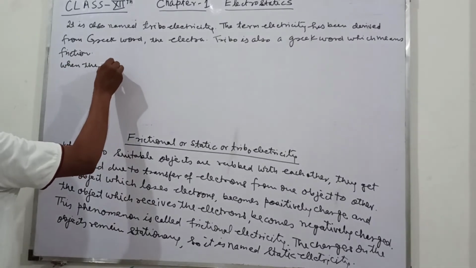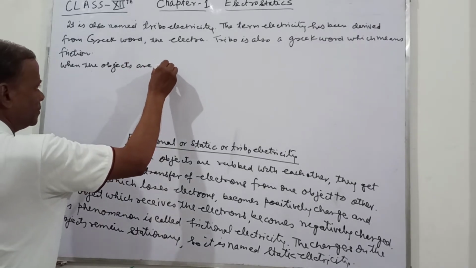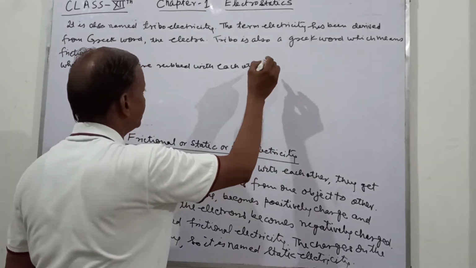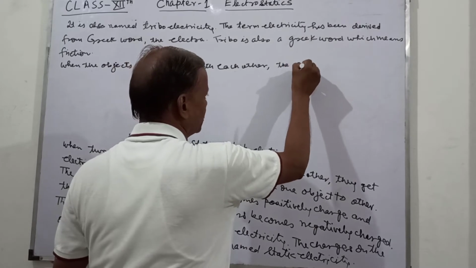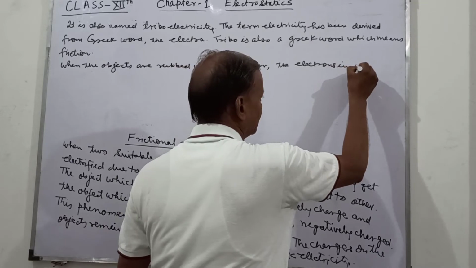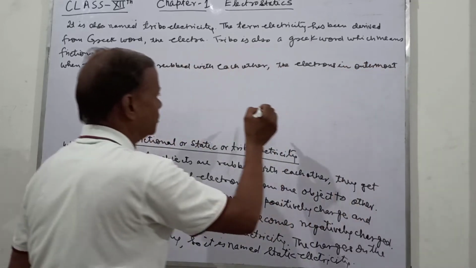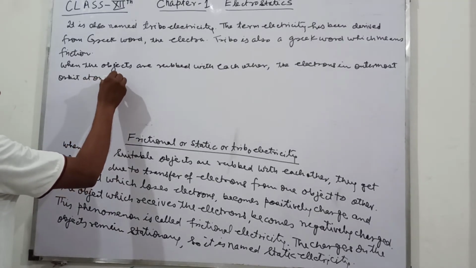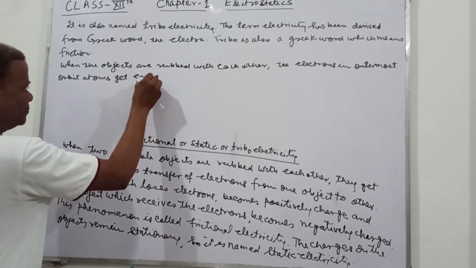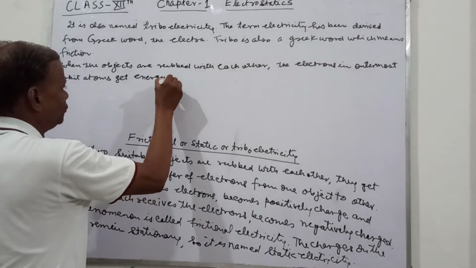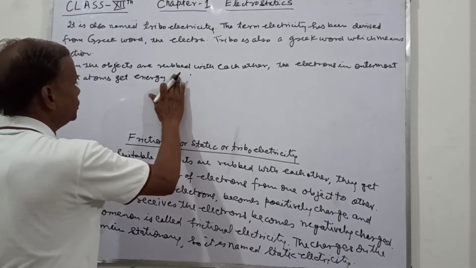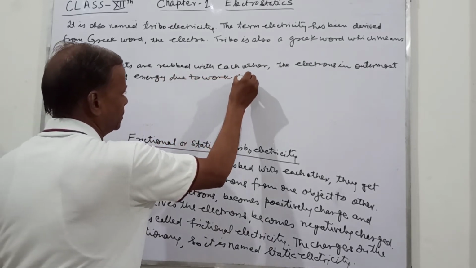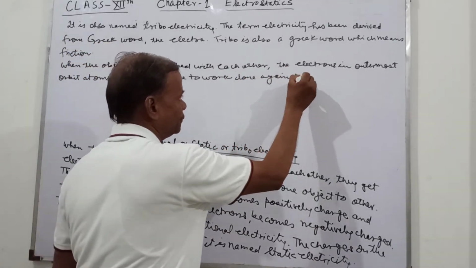When the objects are rubbed with each other, the electrons in the outermost orbit of atoms get energy due to friction, due to work done against friction.